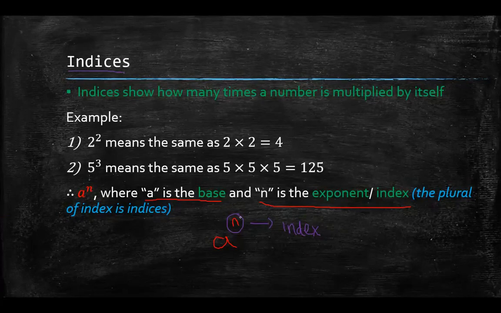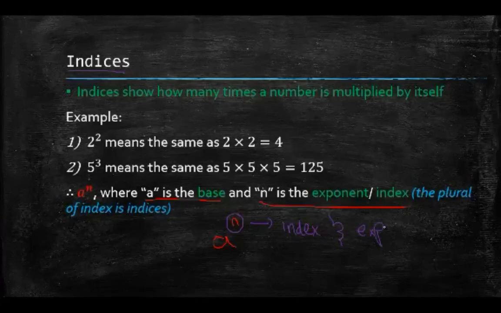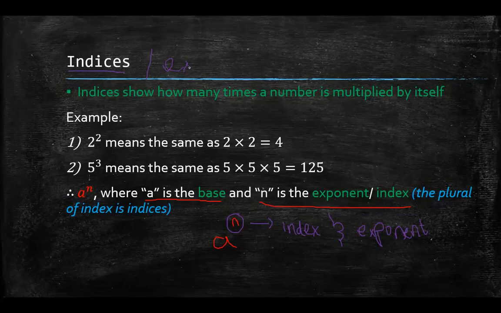So n is called an index, but it's also called an exponent. And that's why indices are also known as exponentials.